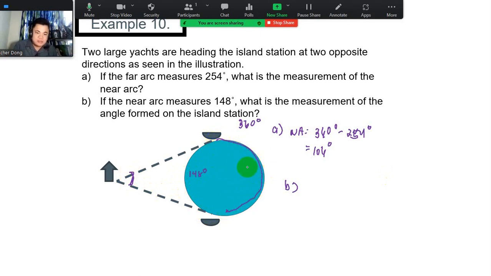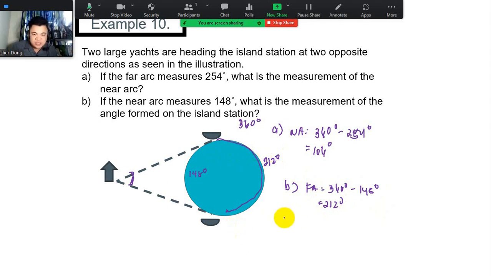So just remember that the degree measure of the circle is 360 degrees. If there's an arc missing, just subtract. So in this case, the far arc is missing, so we will subtract 360 degrees minus 148 degrees, which is 212 degrees. So the measurement of the far arc is 212 degrees.